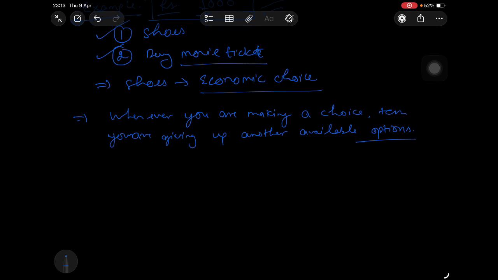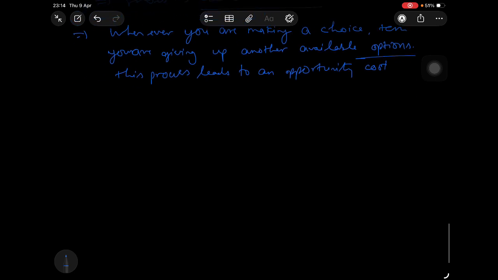And this process leads to an opportunity cost. Now our next topic is opportunity cost.